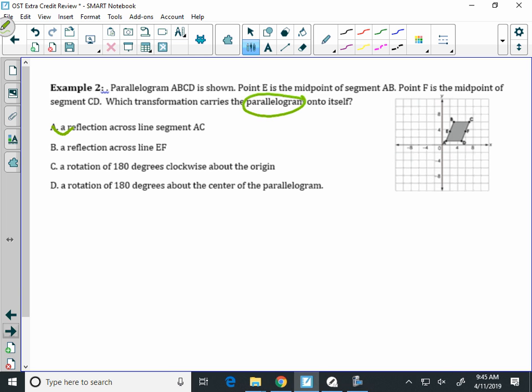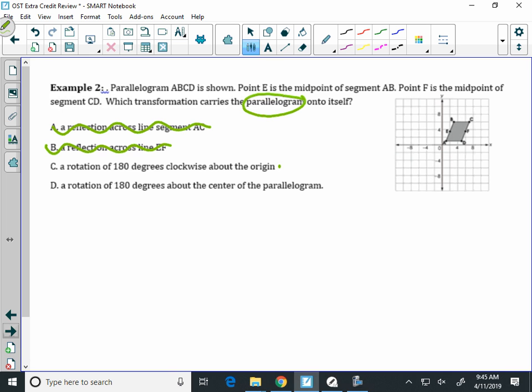They have no lines of symmetry. What they do have is rotational symmetry, meaning we can rotate it exactly 180 degrees and it will map up onto itself. That is a parallelogram's only symmetry, rotational symmetry of 180 degrees.